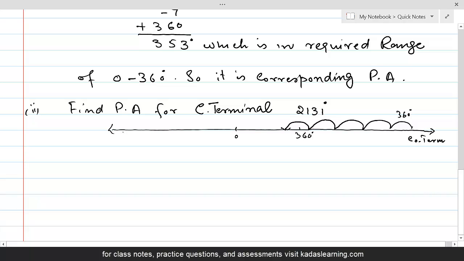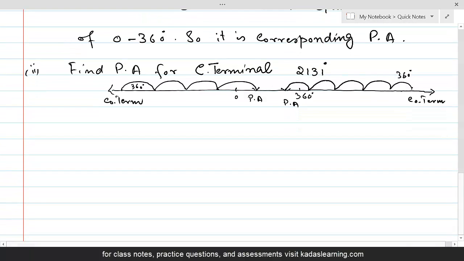And if the angle is a negative angle, we will make jumps of 360 each time until we get into the range of 0 to 360. So this is PA, this is 360. So this is how we do it, but let's find the principal angle of 2131.